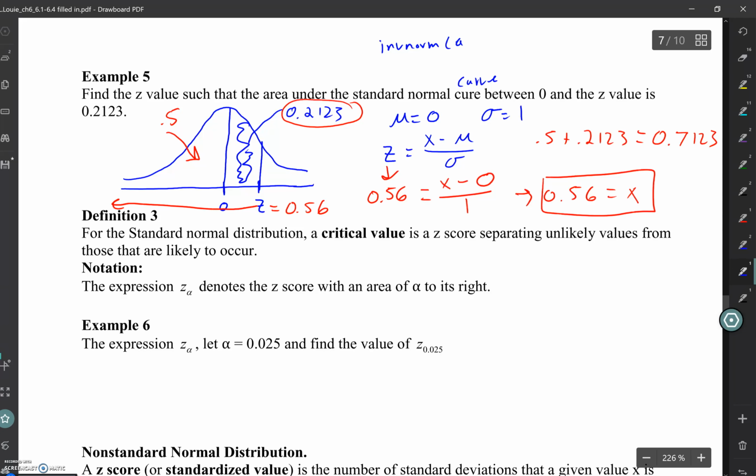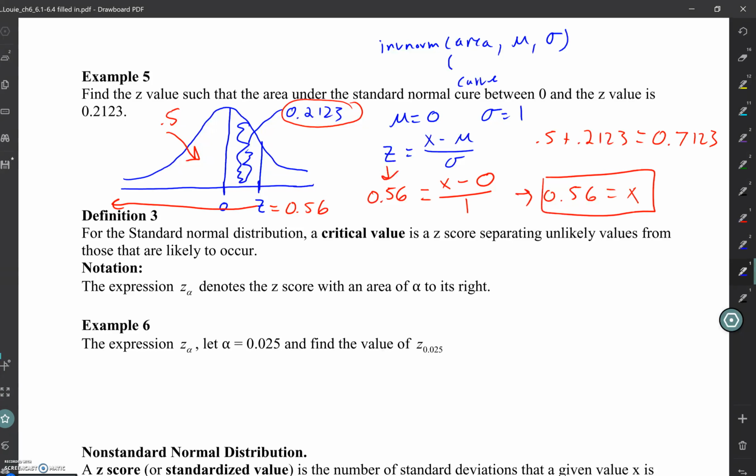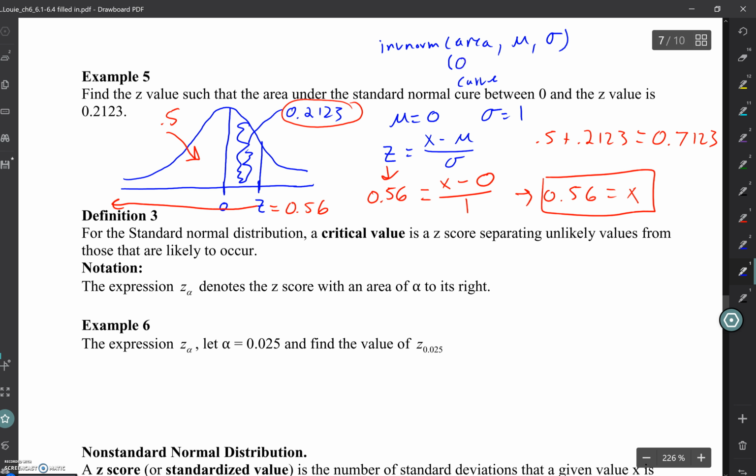And it's going to want the area to the left, the mean, and the standard deviation. So in our case, it needs the total area to the left. So what's the area up to that point? That's still the 0.7123. And then we have a mean of 0 and a standard deviation of 1.